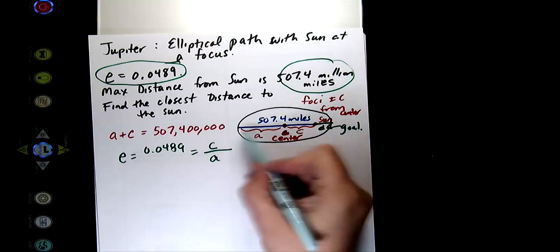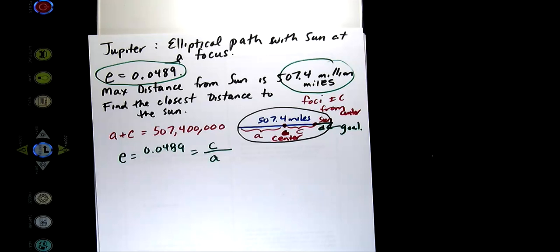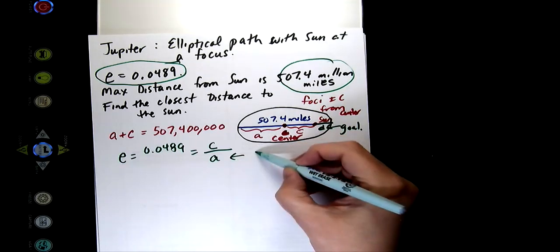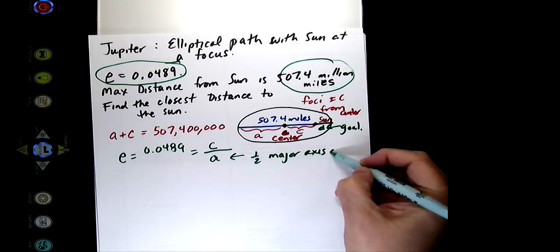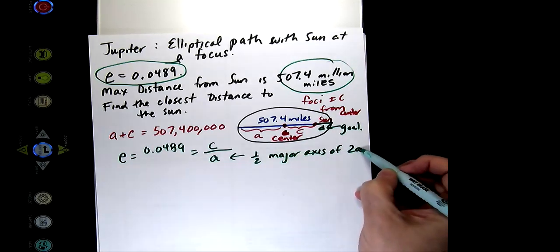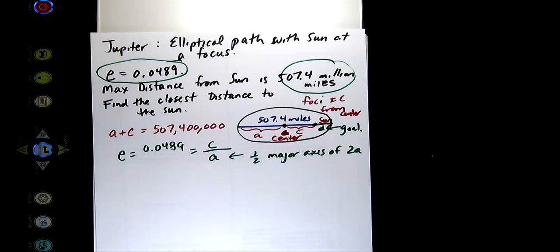Right, that's the major axis. Does that make sense? This is 1/2 the major axis, which is 2A. The way I drew it, if I had drawn it vertically, it would have been 2B, but it's not going to change what we do for our next part here.